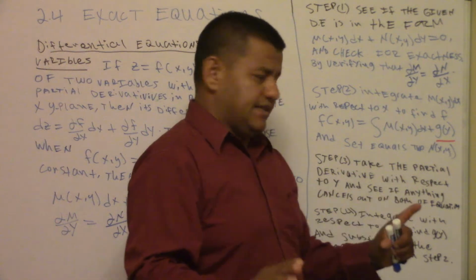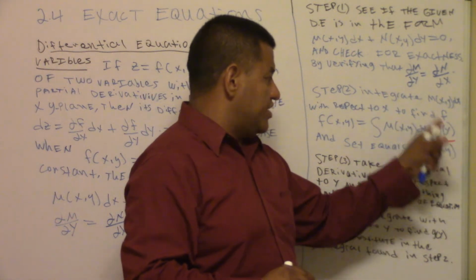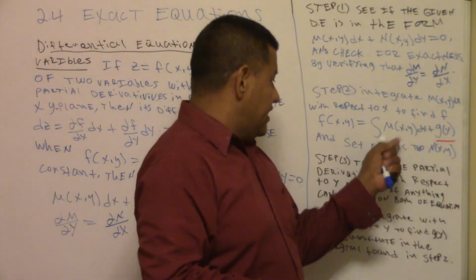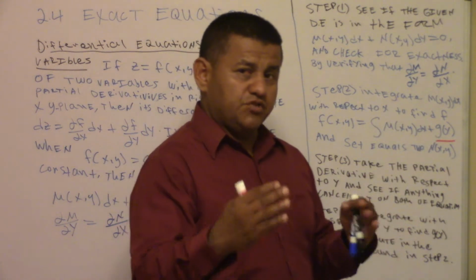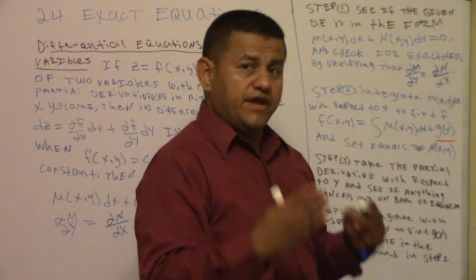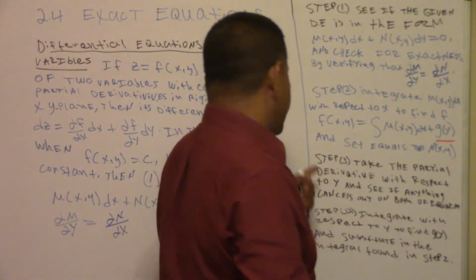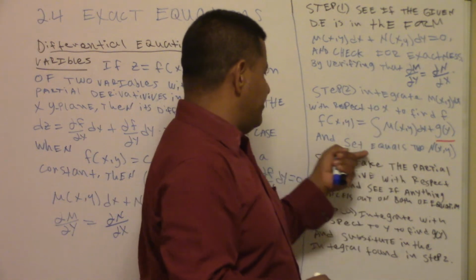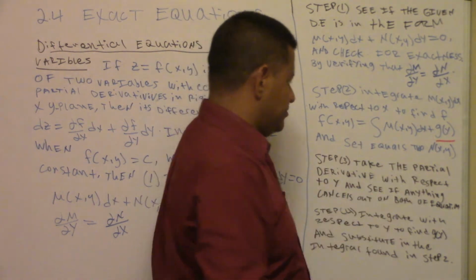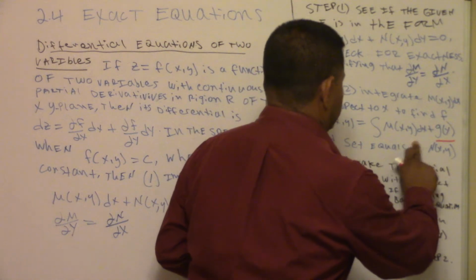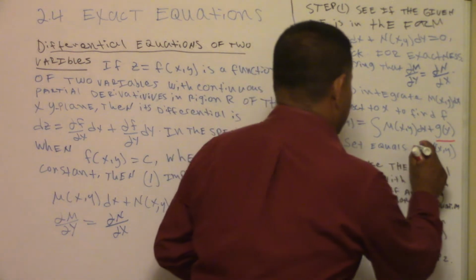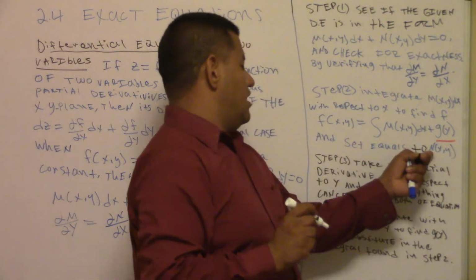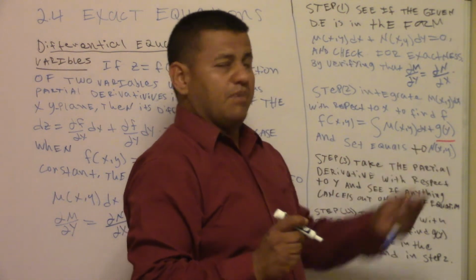But again, this is very important because we are going to find g of y to substitute it back into this integral, and it's going to be part of our answer. And then after we find the integral, we set it equal to N of x comma y, okay?